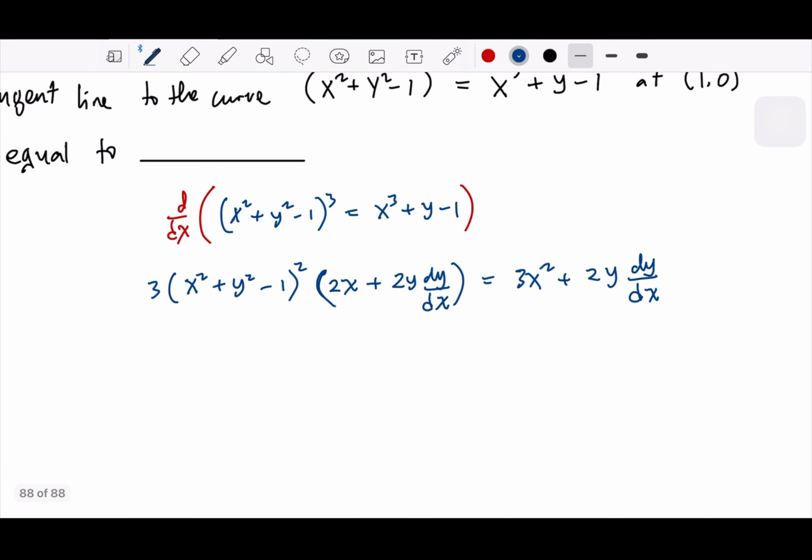Now, at (1, 0). So we are going to exchange all x with 1. This is 0.